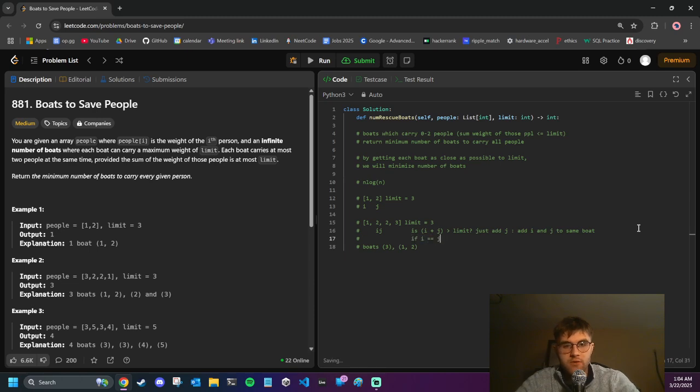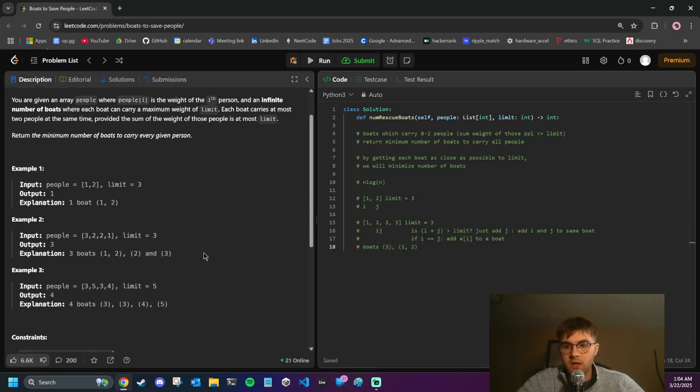If i equals j, then just add a of i to a boat. Or we could just increase the boat counter by 1, because if i ever equals j, that means there's only one number left that we haven't added, so we just add it. Okay, so that's the gist of it.